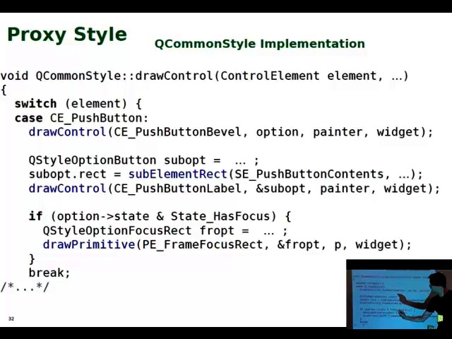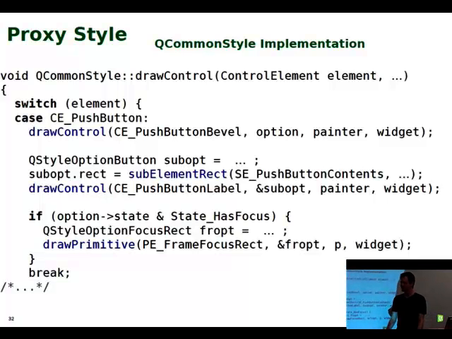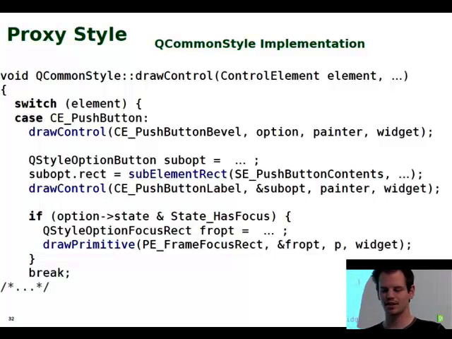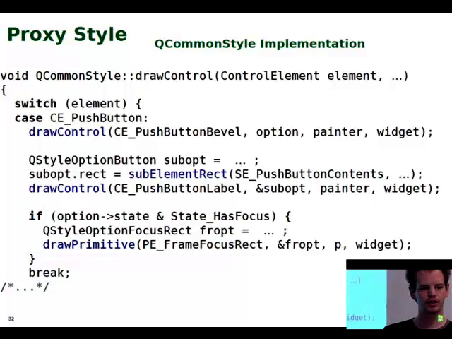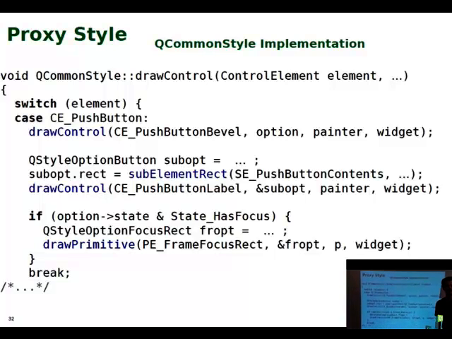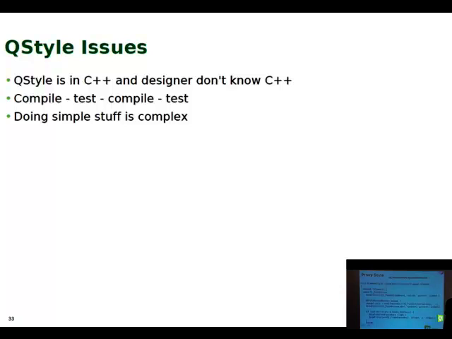This is a virtual function, but it is a virtual function of the native style. So it means that it will be the drawControl function of the native style, let's say the Plastique style. And we have no way to hook it. So the only solution is to copy that huge code into our proxy style. That's a little bit unfortunate, but that's the way it is.